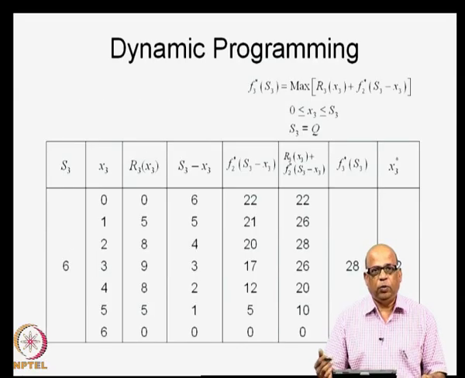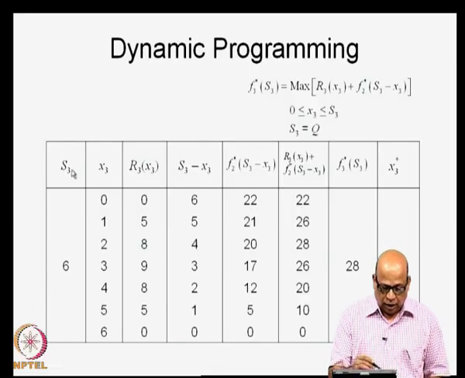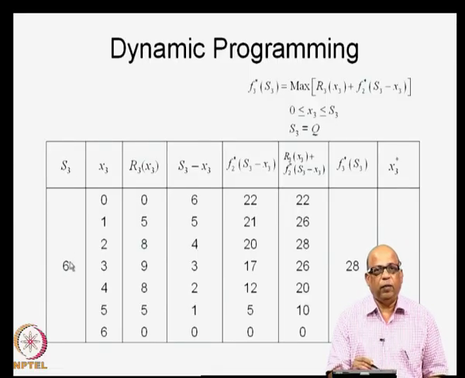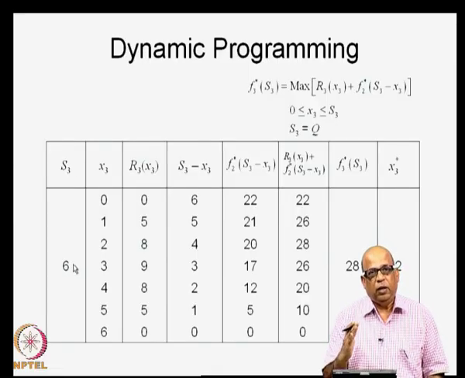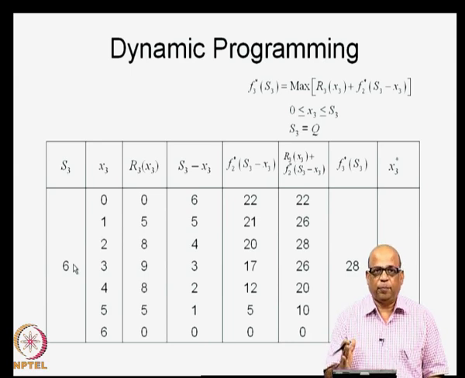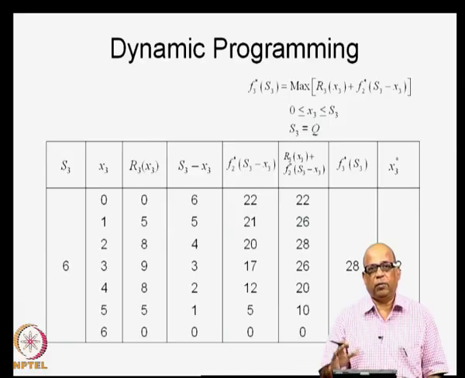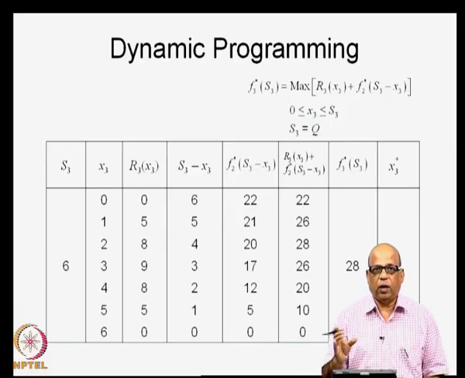So, this again we do in tabular form. S3 now takes on exactly one value, 6, because it is the total amount of water available to be allocated to all the users included in stage 3, and in stage 3 now we have included user 1, user 2 and user 3 together. In stage 2 we have already solved for user 1 and user 2 together.